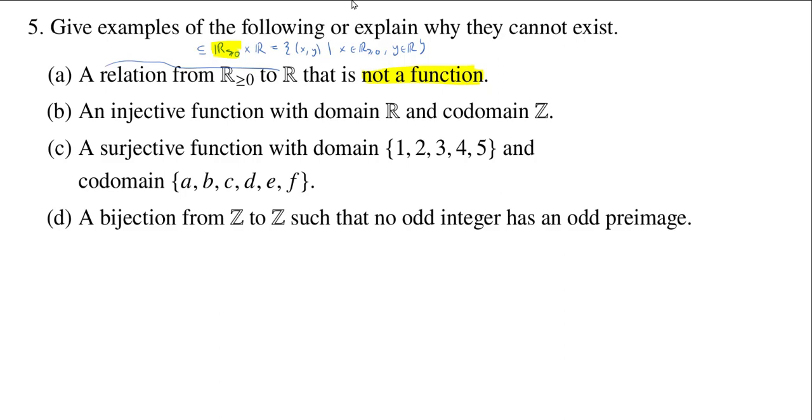If we want it to be not a function, then we need to find some x which has no image. There are a lot of ways to do that. So here's one. What if I define a relation, let's call it R. It's just going to be a subset of this Cartesian product, and it's simply going to have all things of the form (x, x), where x is a positive number.